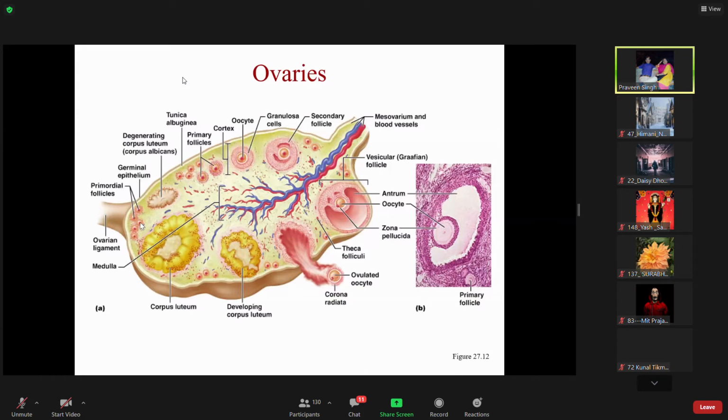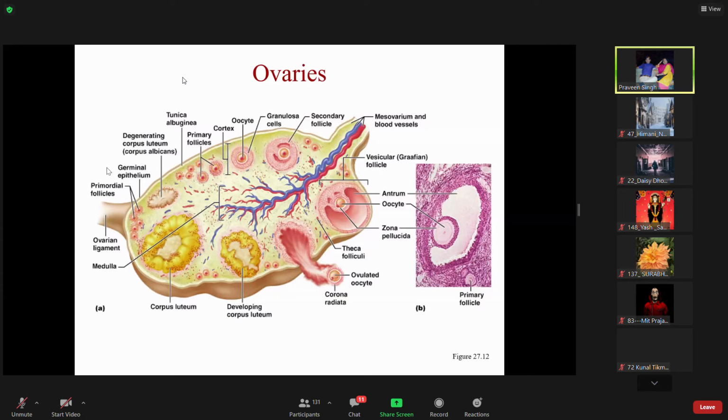This part is the follicular phase. At the end of the follicular phase is ovulation, and this part is the luteal phase, where the corpus luteum is formed. If pregnancy occurs, this corpus luteum of menstruation becomes the corpus luteum of pregnancy, or else if there is no pregnancy, this corpus luteum degenerates.